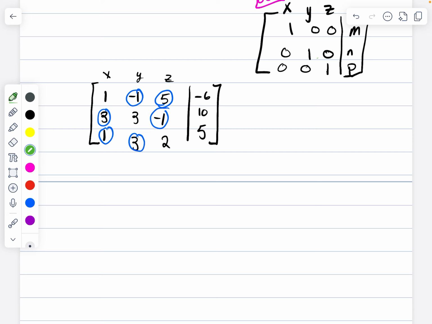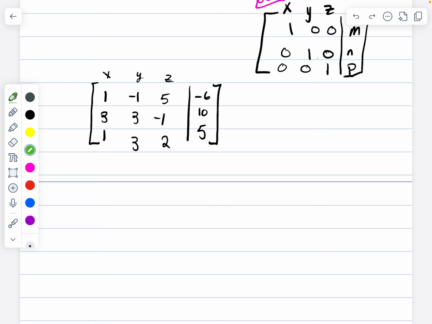And the goal is to have the diagonals be 1. Now, this is not necessarily an easy task. There is a process, and you just have to go through the process. Does it take a long time? Yes, it does. But it's possible.